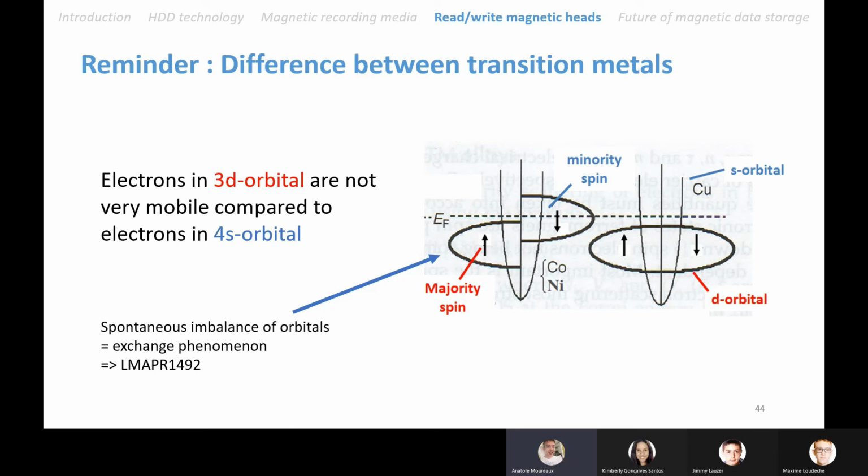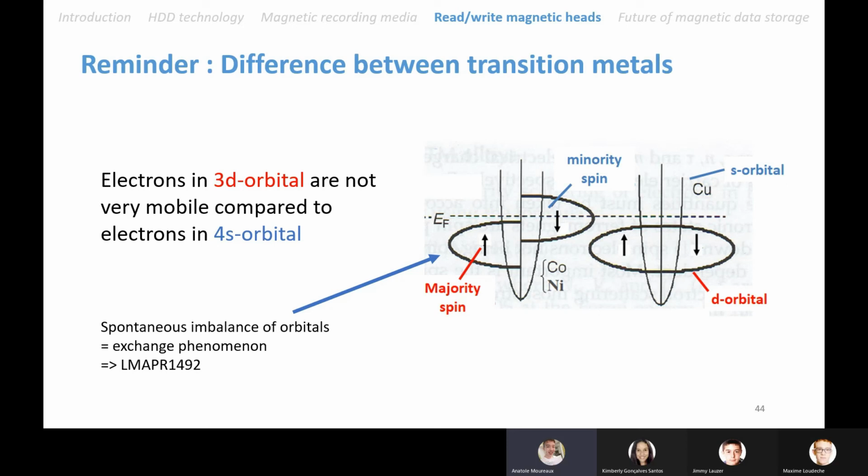Again, this is a small reminder of what we have already seen in the course of material science from last year. On the upper left corner, we can see the difference in the Fermi level of different transition metals. So, for example, for copper, the Fermi level is at the 4s orbital, and so the conduction electrons are principally from this orbital.